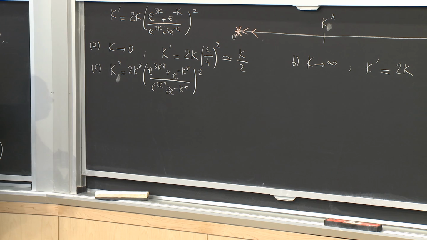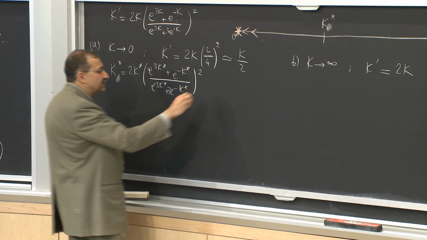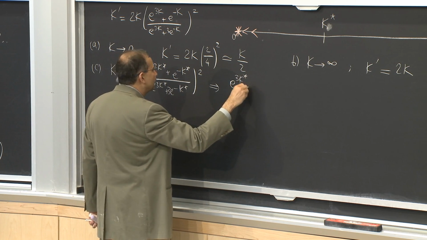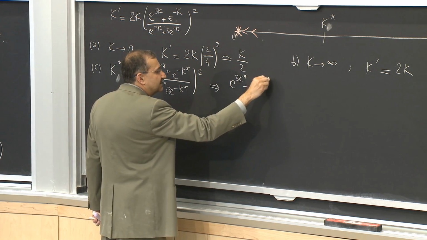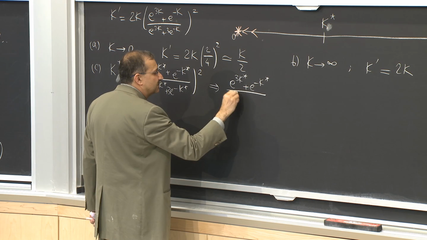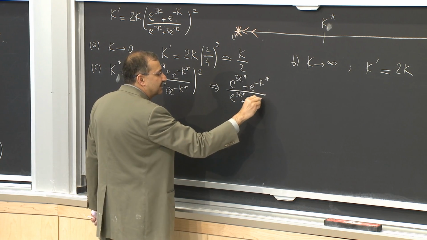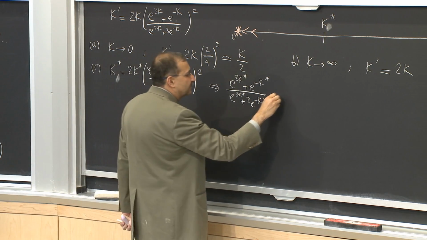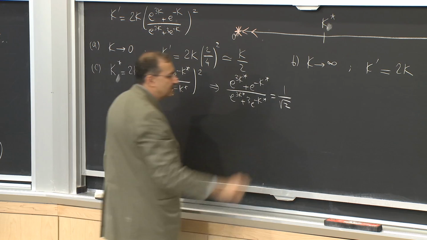Okay, so you can drop out the K star. You can see that what you have to solve is e to the 3K star plus e to the minus K star divided by e to the 3K star plus 3e to the minus K star. This ratio is 1 over square root of 2.